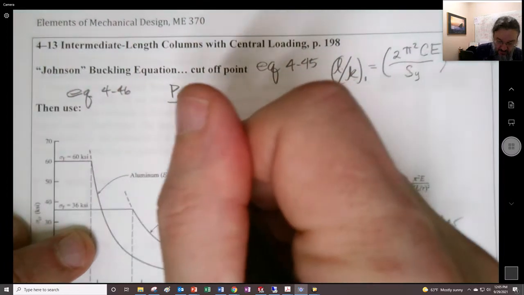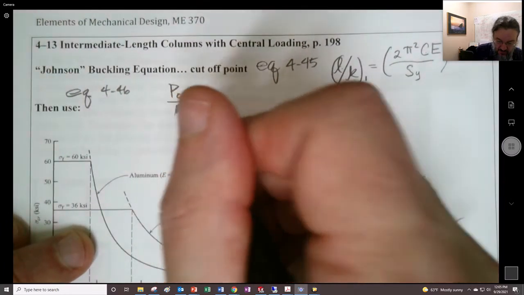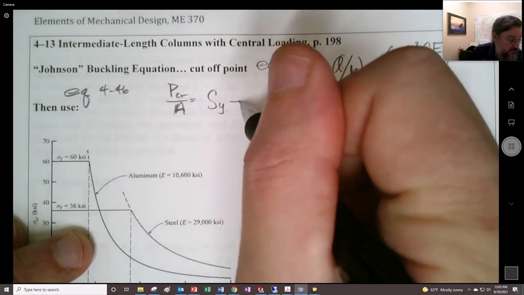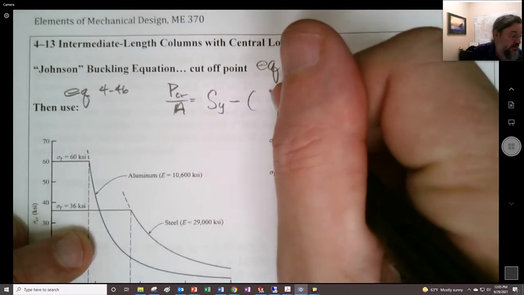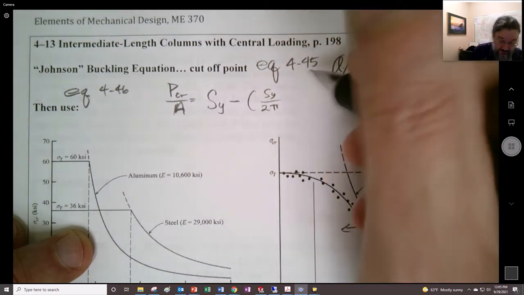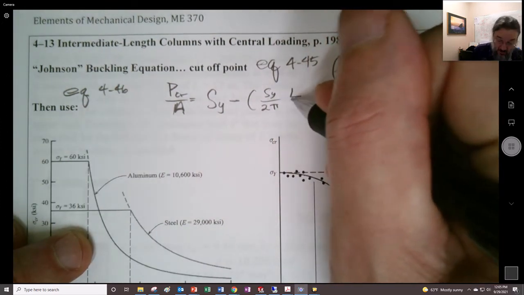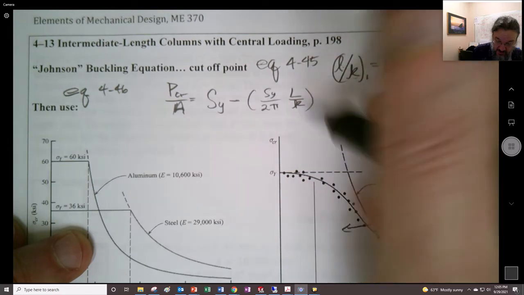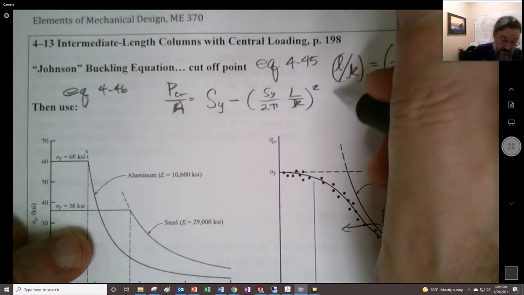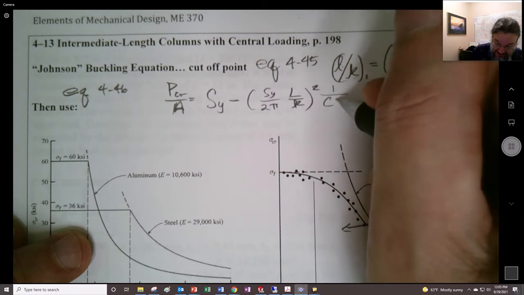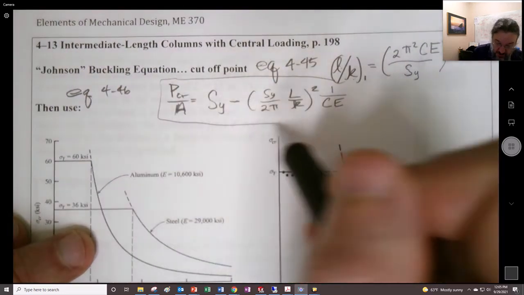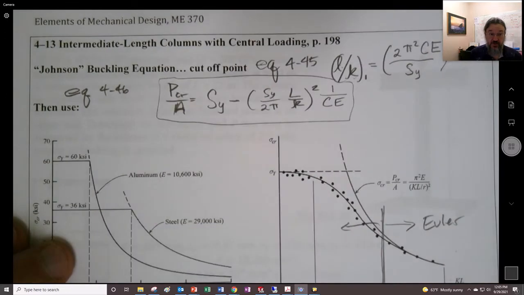By the way, when we want to find the critical load, we just multiply area on the other side. But we take S_y minus S_y divided by 2 pi and L over K, squared, and then 1 over CE. So there's the Johnson equation right there.